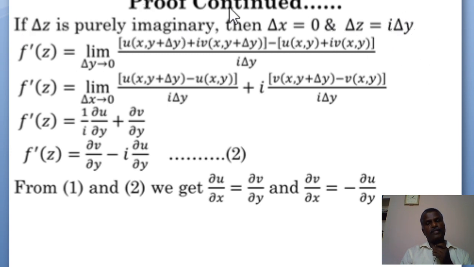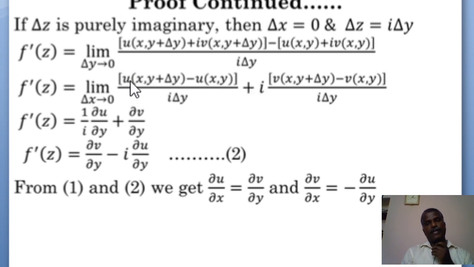Substituting this, we get f dash of z is equal to the limit as delta y tends to 0 of u of x comma y plus delta y minus u of x comma y, separating real and imaginary parts, over i delta y, plus i into v of x comma y plus delta y minus v of x comma y. Here x is constant and y is changing.